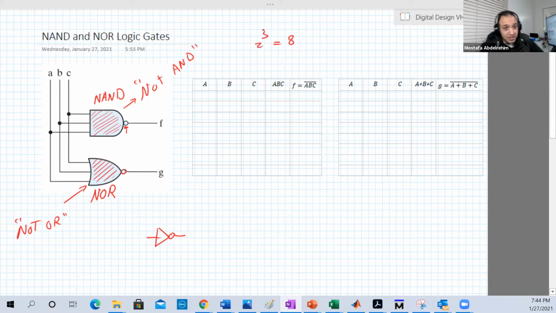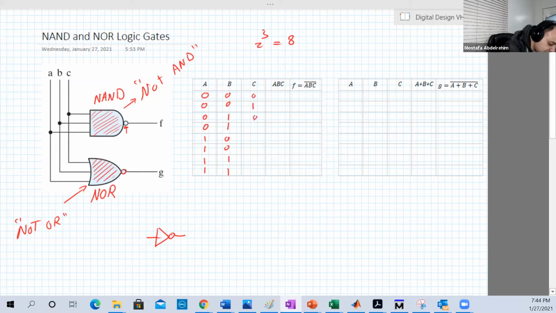Okay, how to fill the table? This is very simple. You start by half of 8 as 0, then the other half are ones. For B, 0 0 1 1 0 0 1 1. So we start by 4 and 4, then 2 by 2, then 1 by 1.